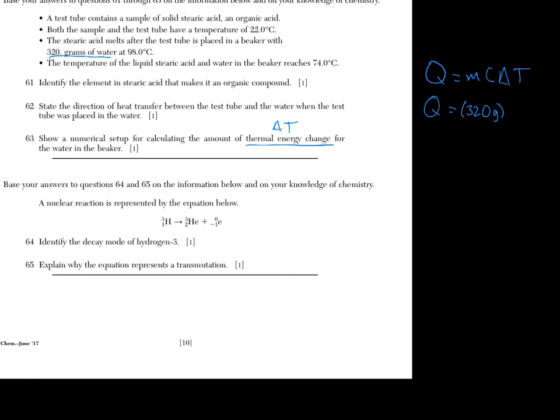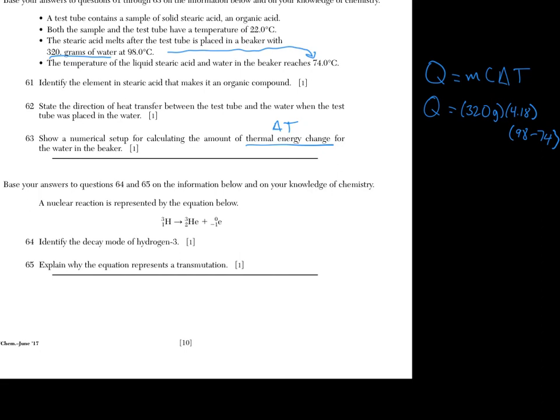C, because we had to look that up on table B for the constants, is 4.18 for water, and the change in temperature will be from 98 to 74. So that would be your numerical setup. You just need to show this setup following the formula and you get the 1 point. Okay.